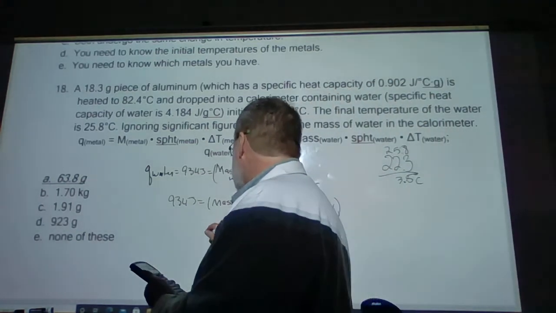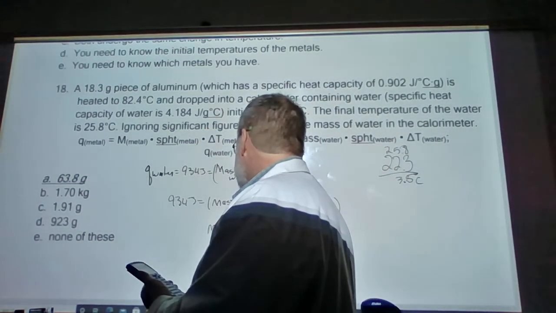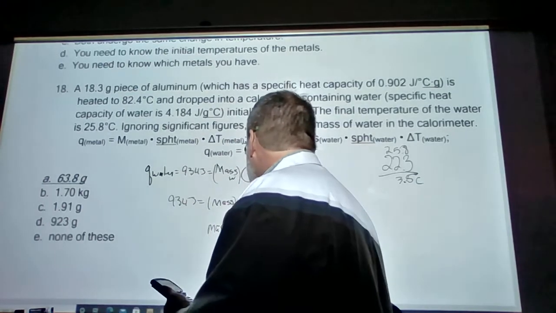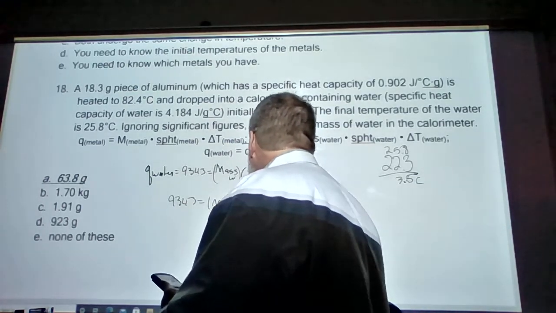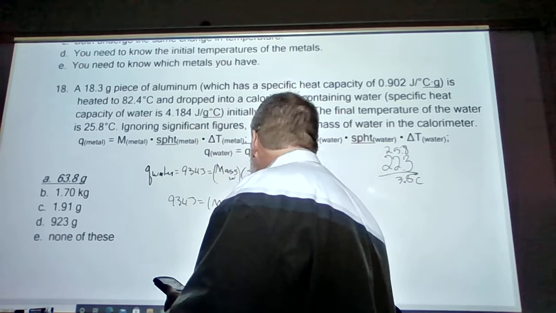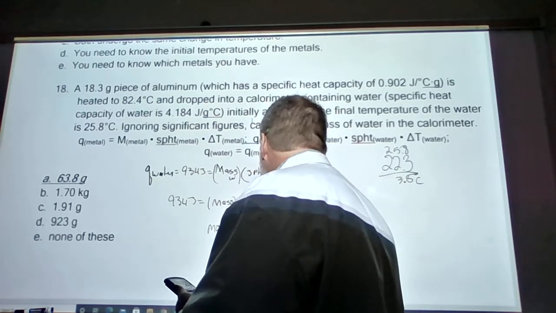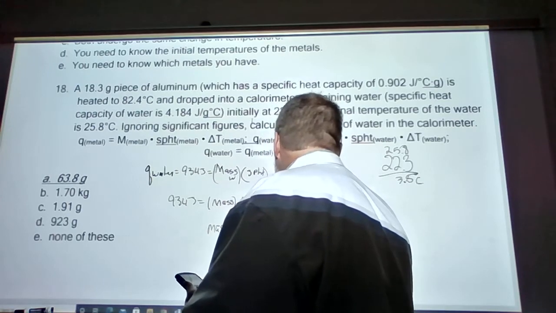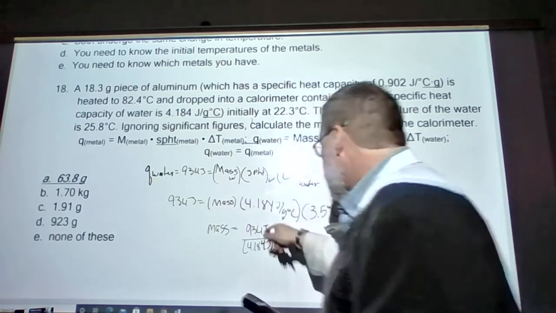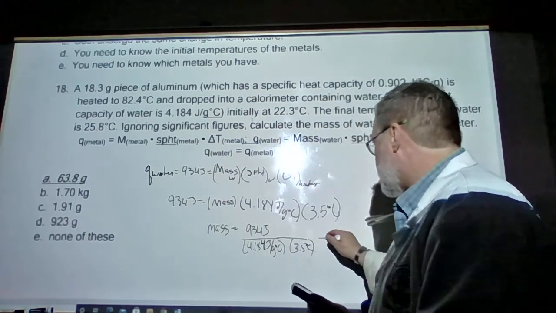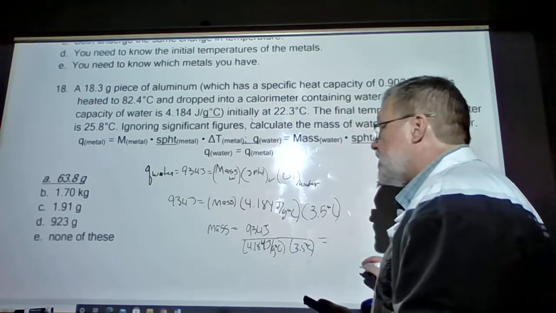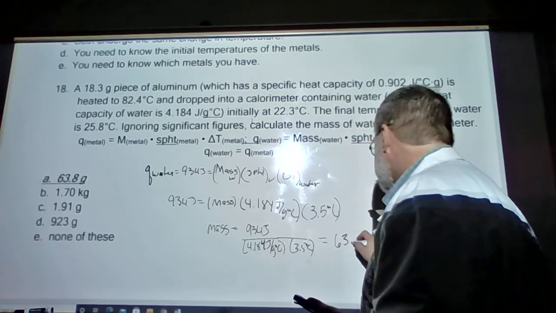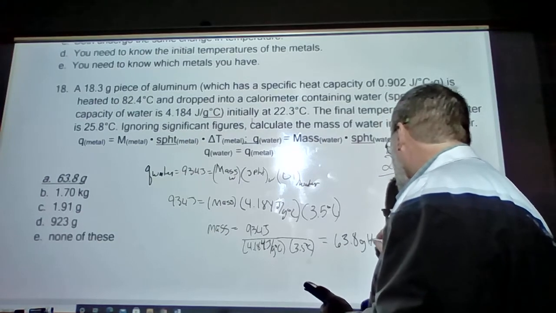So the mass is 934 joules divided by 4.184 joules per gram per degree C times 3.5 degrees C. So 934 divided by this, I get a mass of 63.8 grams of water.